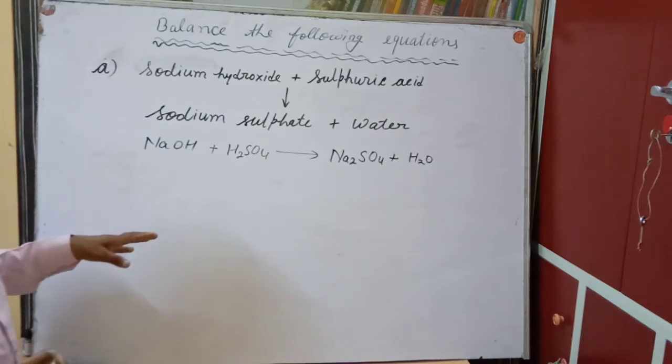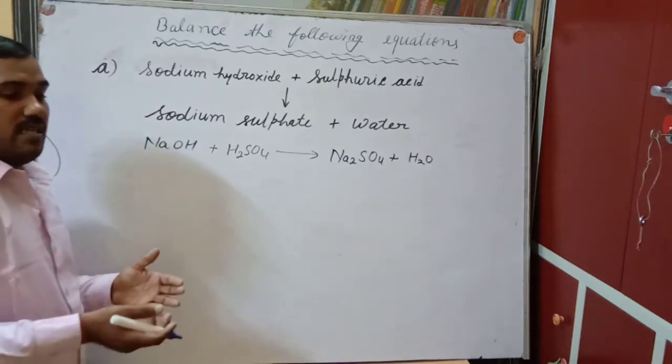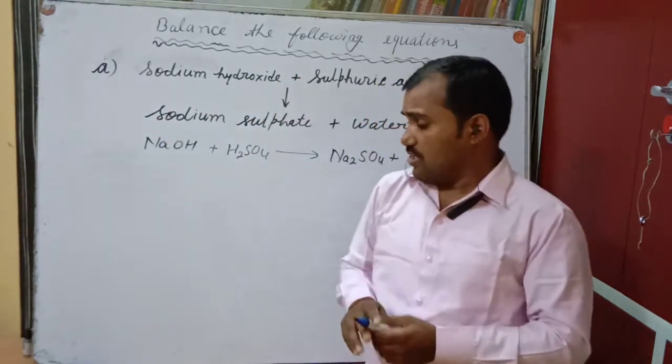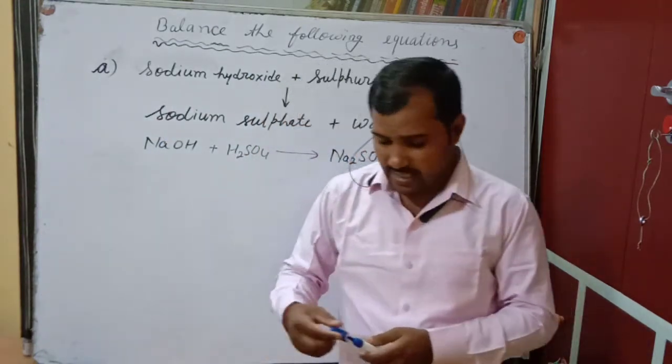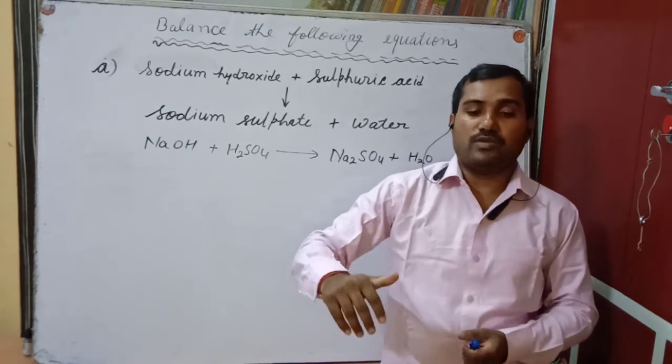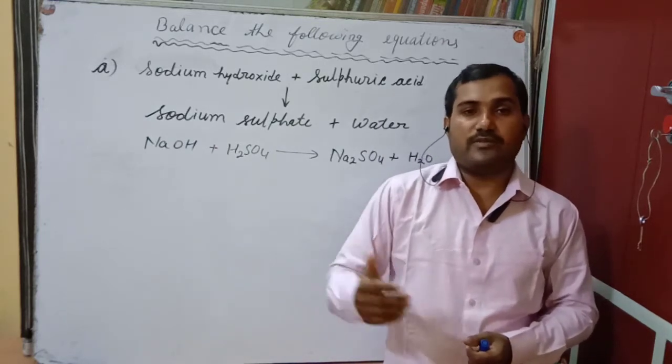How will we balance, what is unbalanced, and why will we balance the chemical equation? Dear students, first you should know that balancing of a chemical equation is according to the law of conservation of mass.